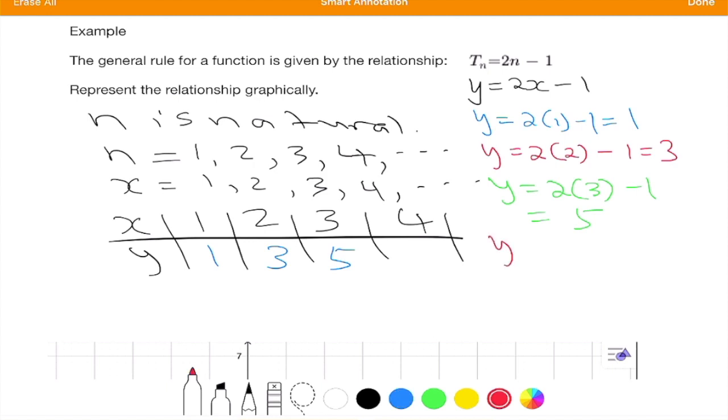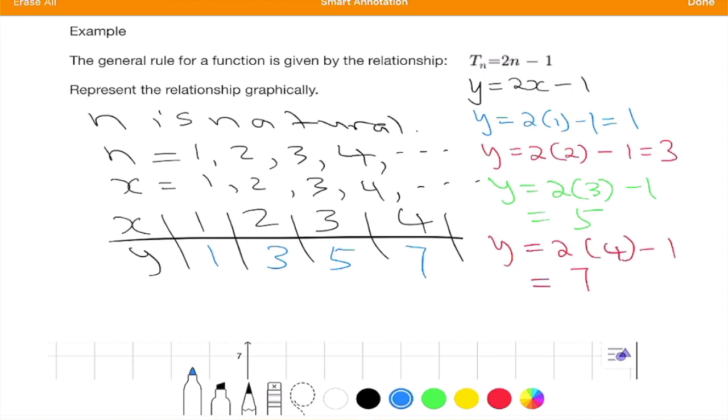Then when x is equal to 4, that will give us y equal to 7. So these are just the first 4 terms of the function. And we are going to draw or to plot those points on the grid that is given below.